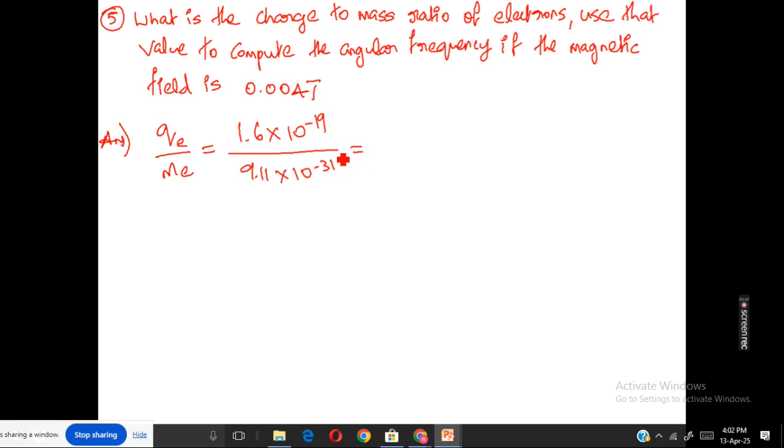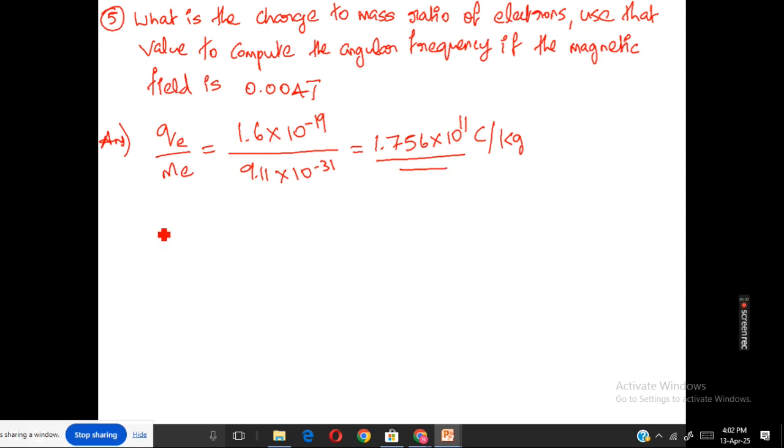The ratio of QE by ME will be 1.756 into 10 raised to 11 coulomb per kilogram. This is the charge to mass ratio of an electron.